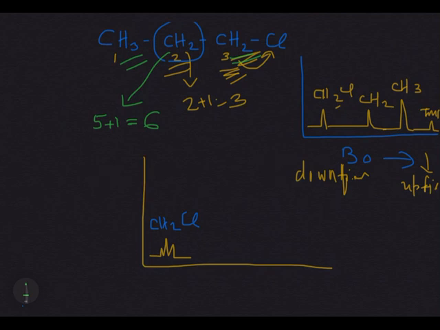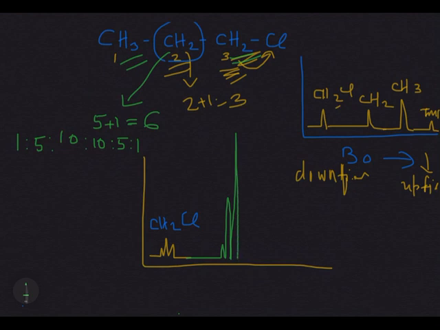If a signal splits into 6, it is called a hextet, and the intensity ratio is 1:5:10:10:5:1 based on Pascal's triangle. So the middle CH2 signal can be drawn as 1:5:10:10:5:1.